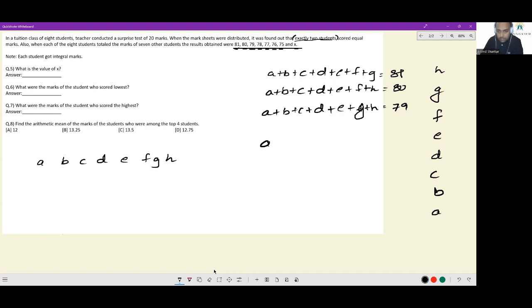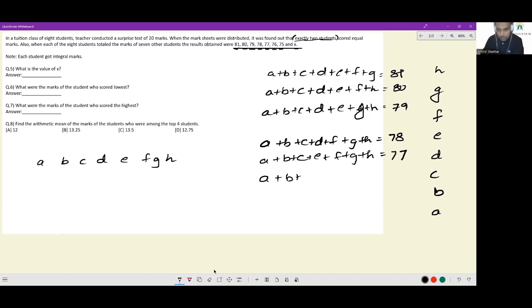Let me write all of that down. A plus B plus C plus D plus F plus G plus H is equal to 78. A plus B plus C plus E plus F plus G plus H is equal to 77.